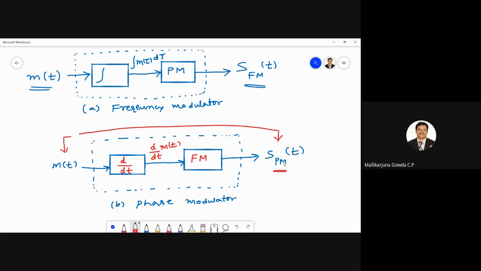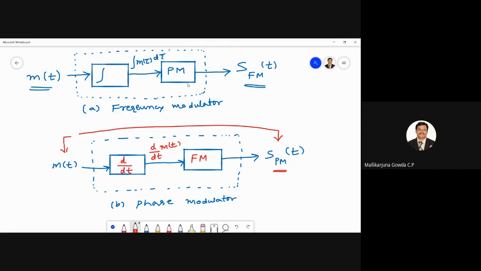So for m of t I get a PM signal with some block. What I am doing here is differentiating this message signal and applying that as input to the frequency modulator. So the output of the frequency modulator is the frequency modulated signal for the derivative of the message signal, and that is also equal to the phase modulated signal.